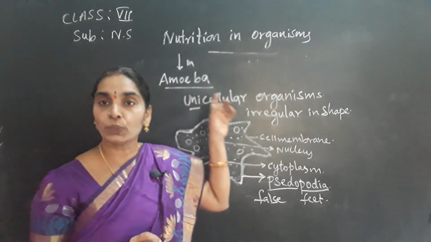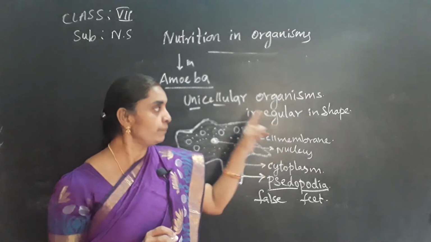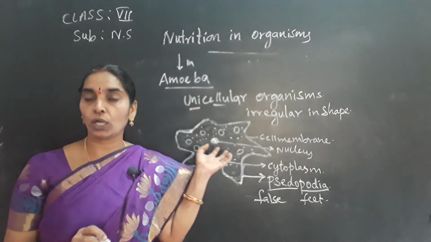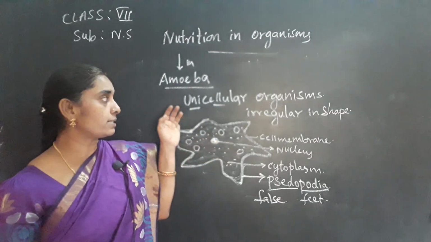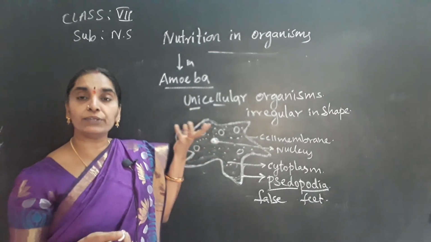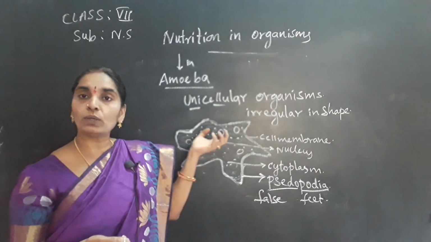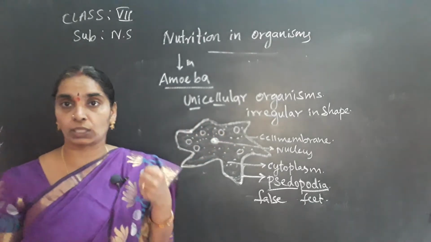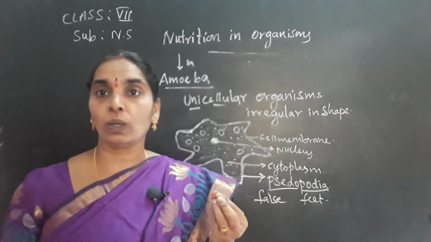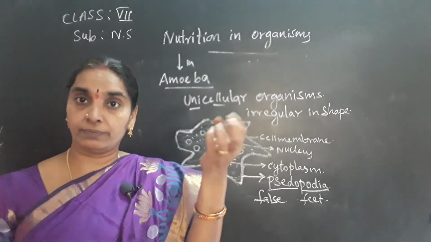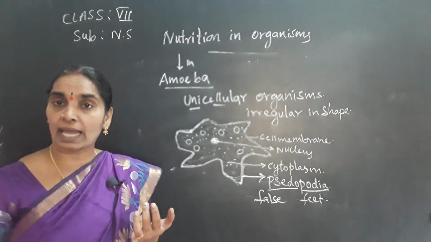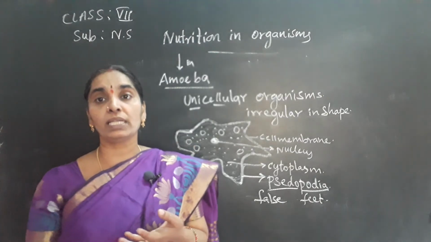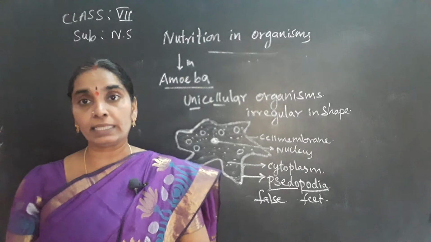Amoeba is a unicellular organism. It is present in ponds and rivers, and you can see it taking in food, developing vacuoles inside. So what are these vacuoles for? When they take in the food, their main food is dead and decayed organic matter, bacteria, algae, diatoms, which are present in the water.